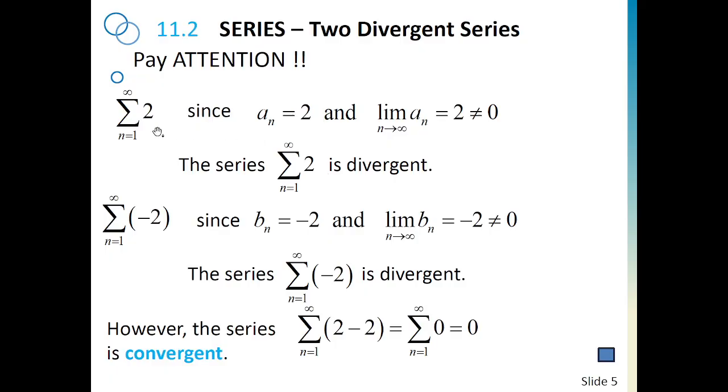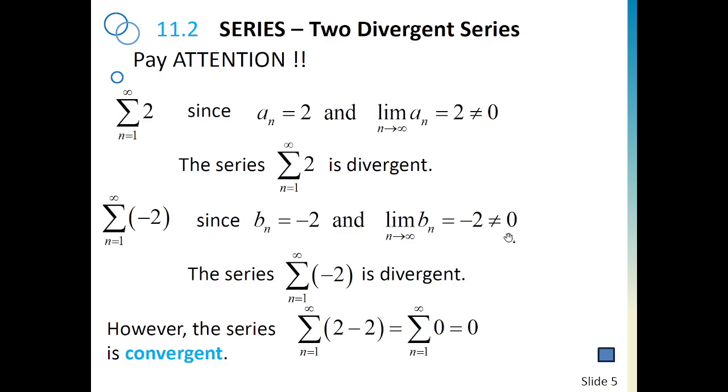However, a simple example, here I have again my series of 2 plus 2 plus 2, so that one is divergent. And then I take the series minus 2, so minus 2 plus minus 2 plus minus 2 plus minus 2. So the general term is minus 2. The limit of the general term is negative 2, which is different from 0.